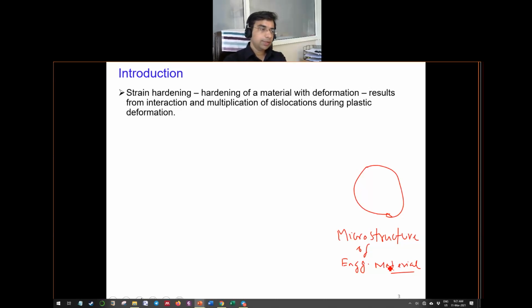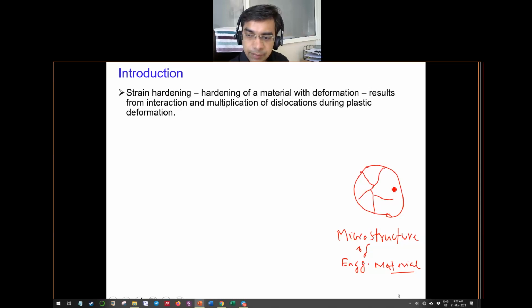Then you selectively etch the surface of the polished material using a suitable etching reagent. What you will observe is that almost all engineering materials, when they solidify, say during casting, develop a structure of grains and grain boundaries.